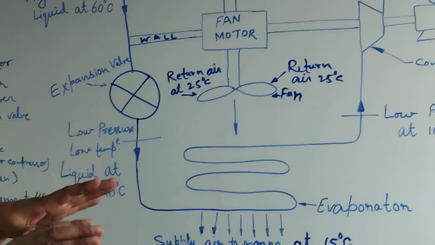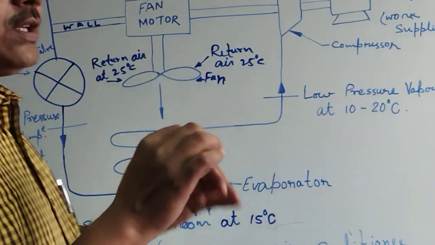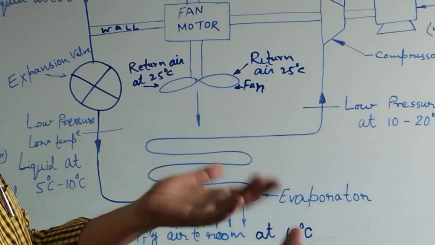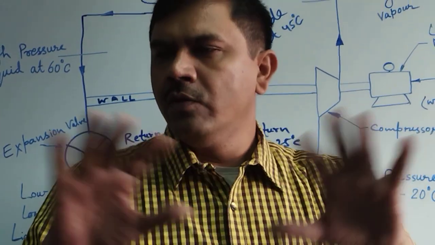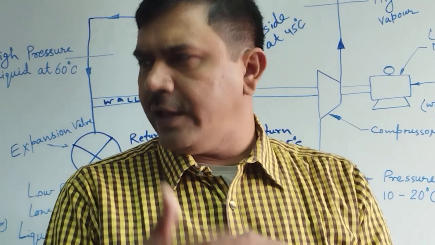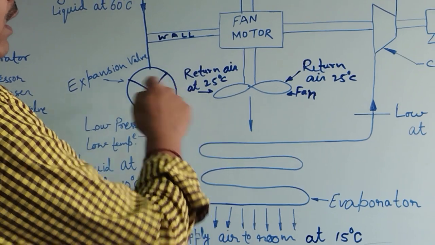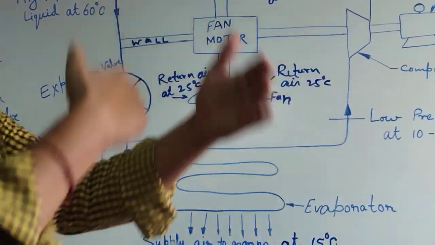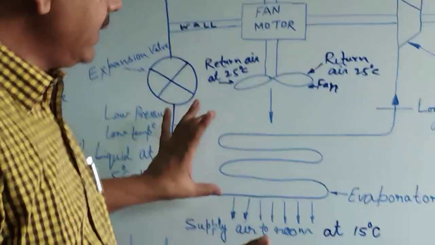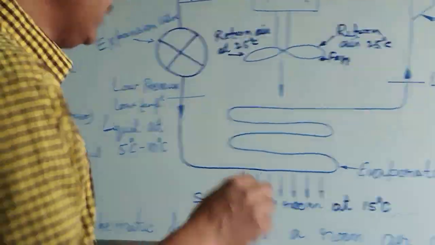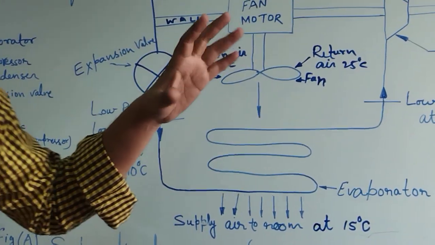It is like tubes which are inside the room, bent or rolled like a pipe. This is the fins type, and through this tube the refrigerant will flow.